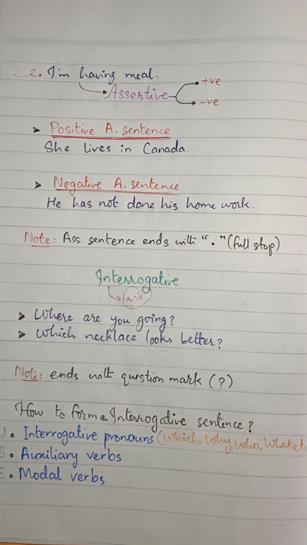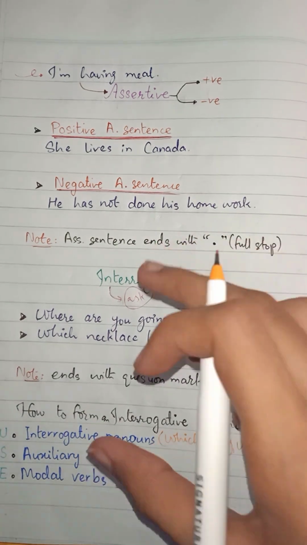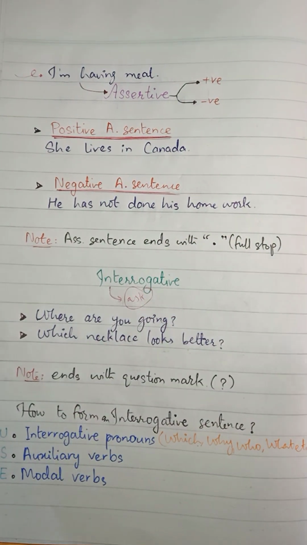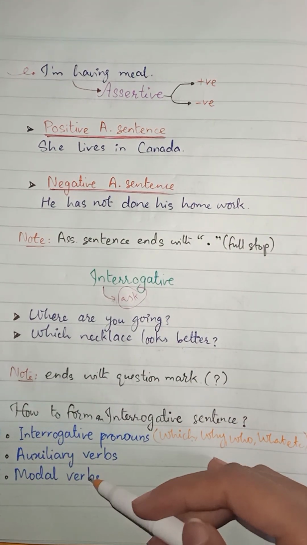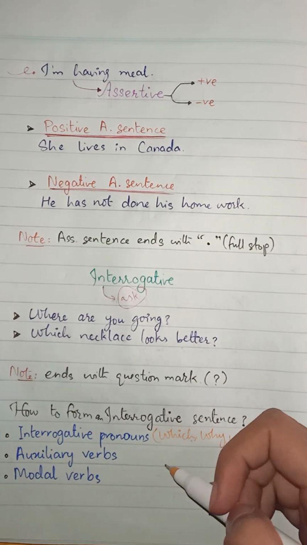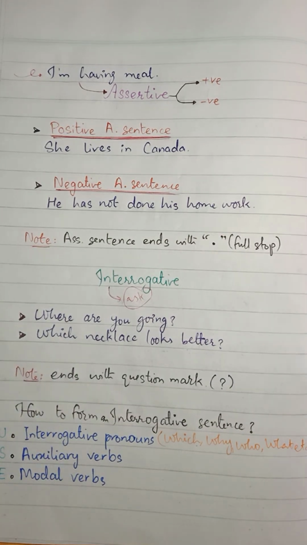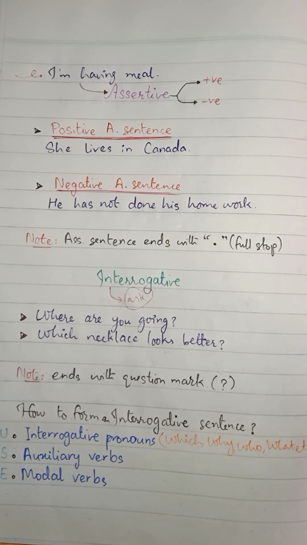So these are basically interrogative pronouns. ये शुरुआत में लिख कर के सेंटेंस के, ठीक है, आगे आप कोई क्वेश्चन पूछ सकते हैं. This is one way, right? And the second way is auxiliary verbs. Auxiliary verbs are those verbs you use as helping verbs in tenses, right?